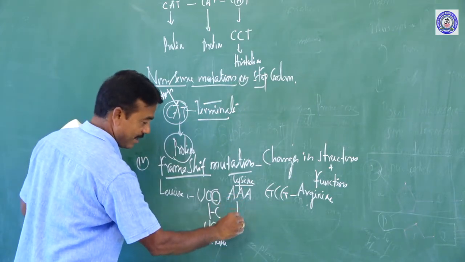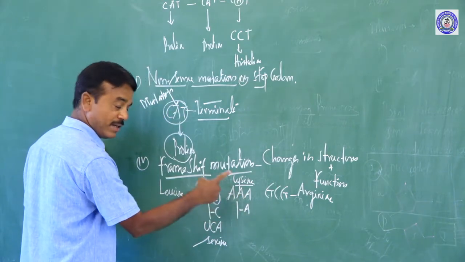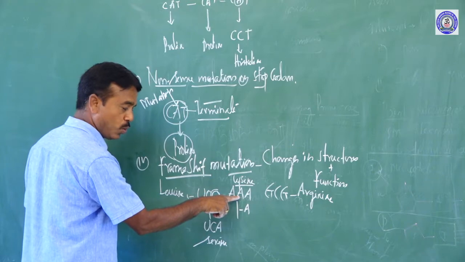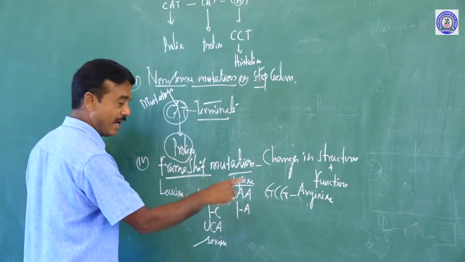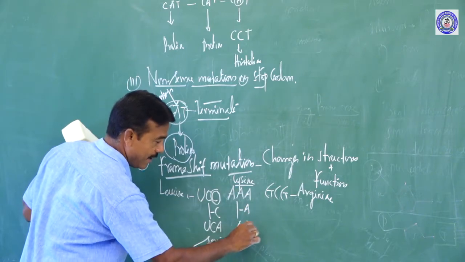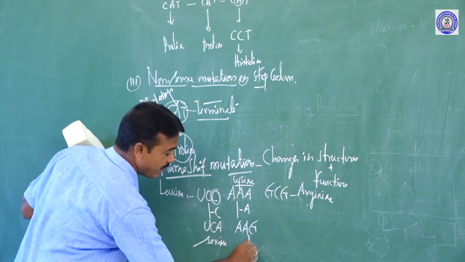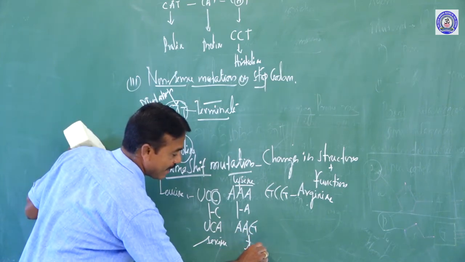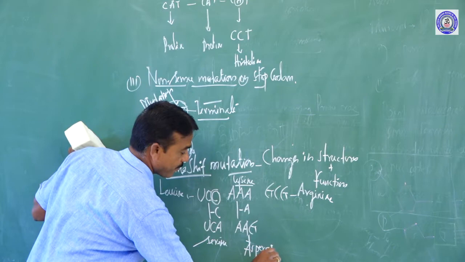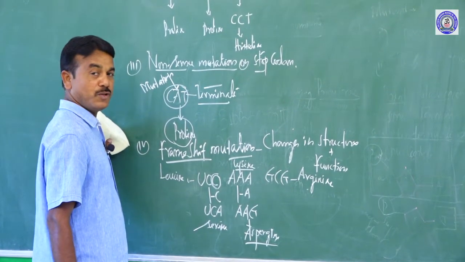In the second case, loss of A. If one A is lost, two codons combine into another triplet code. So A combines with the last one, G. What does it produce? It produces asparagine. That is commonly called frameshift mutation.